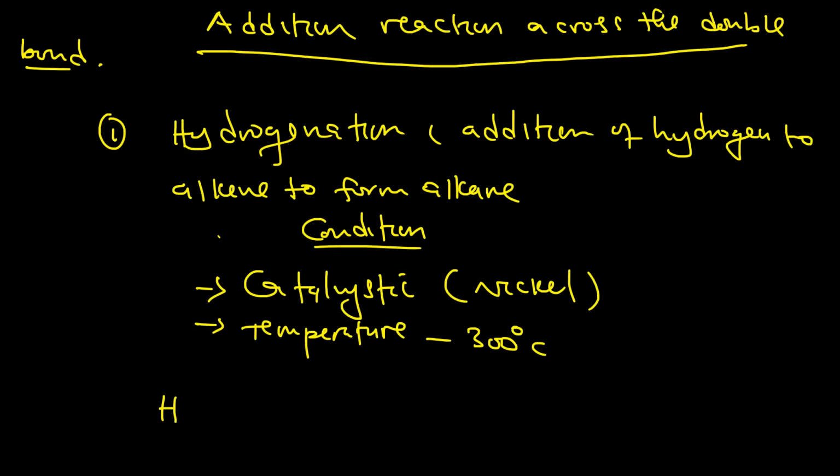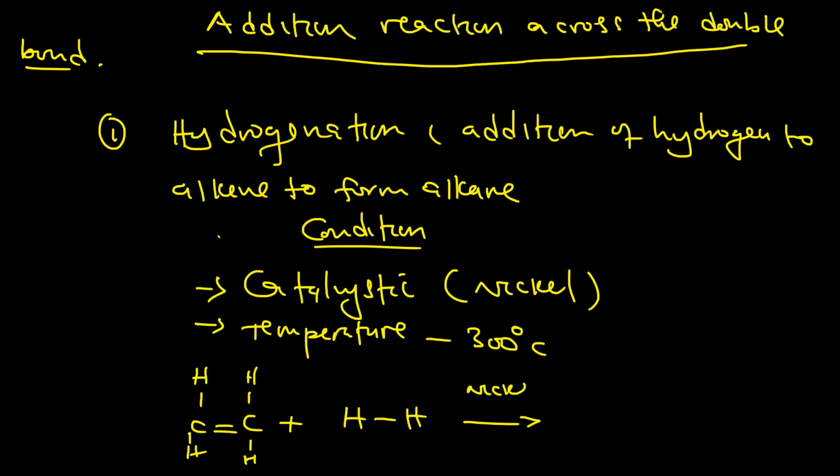Example, if you have the simplest alkene, which is ethene, it then reacts with hydrogen, presented like this, in the presence of nickel, at a temperature of 300 degrees Celsius. What you form is an alkane. So the double bond breaks, and of course other atoms attach.